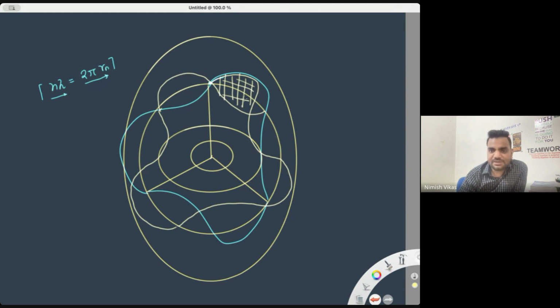But in practical results, we have found that the electron is there. There is a radial probability of finding the electron everywhere. If this is not some angular node, how can the waves cancel out each other? So this was not consistent with the data we have obtained. So the whole circumference will be covered by only an integer number of oscillations. It's not possible any other way.